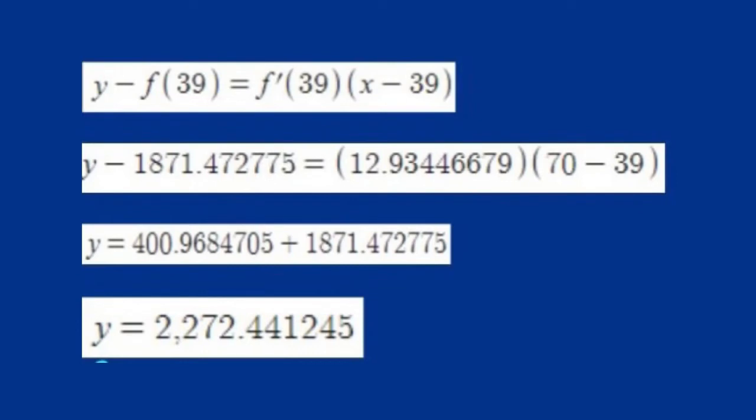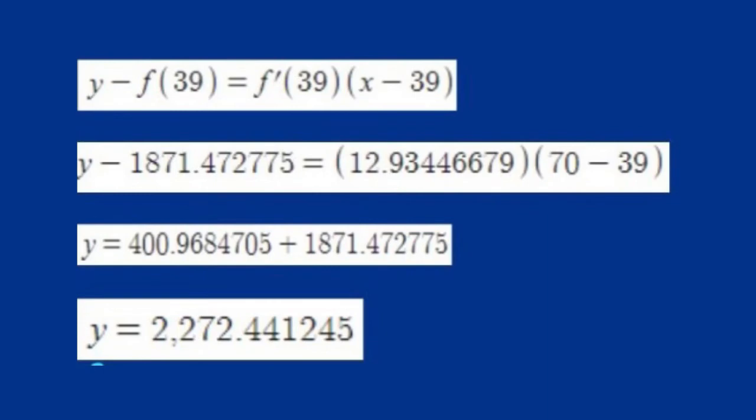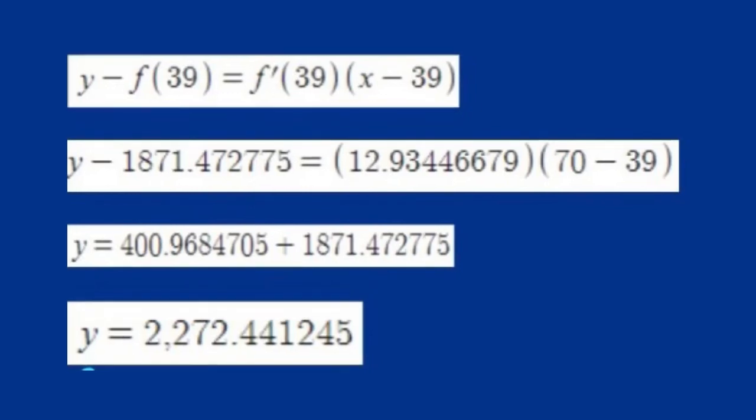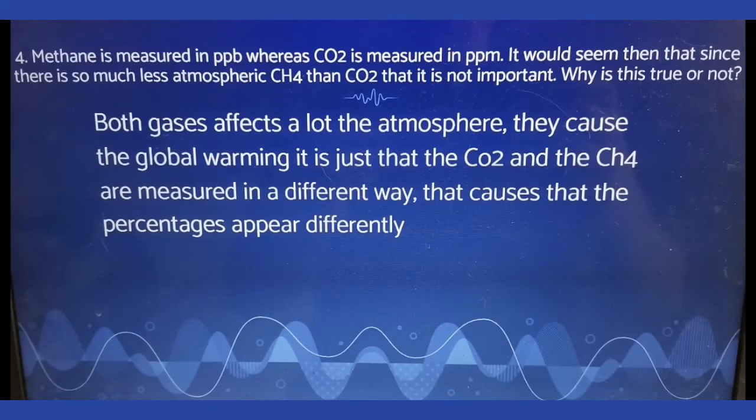The result is y equal to 400.968475 plus 1871.472775, and the result is y equal to 2272.441245.